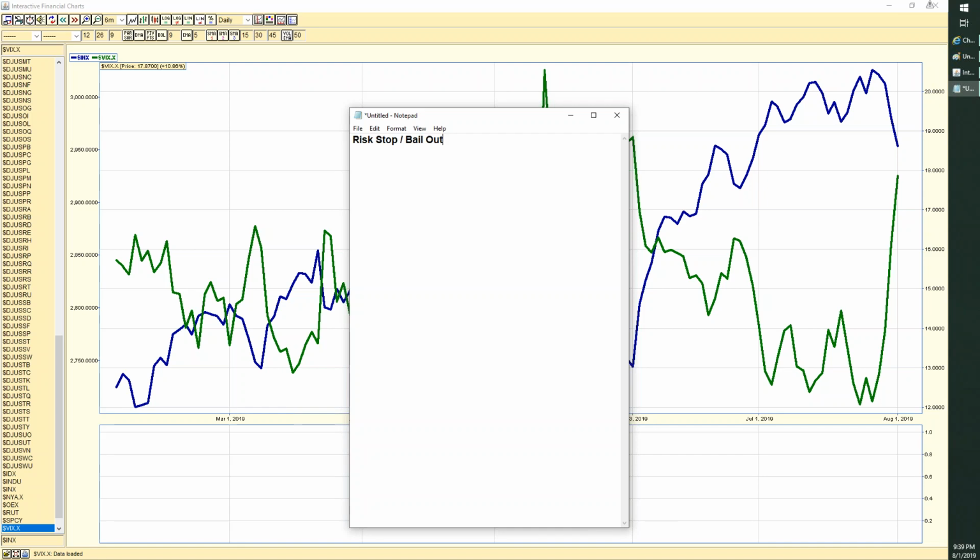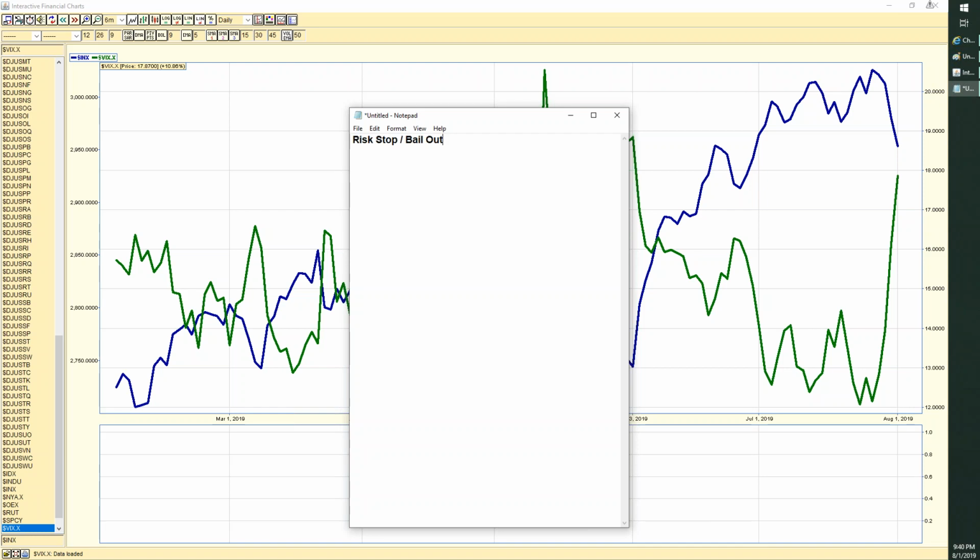Once you've set this risk stop or bailout criteria, the next step is to evaluate what's the worst amount of loss that you might incur if that risk stop or bailout is triggered. What's the worst case?